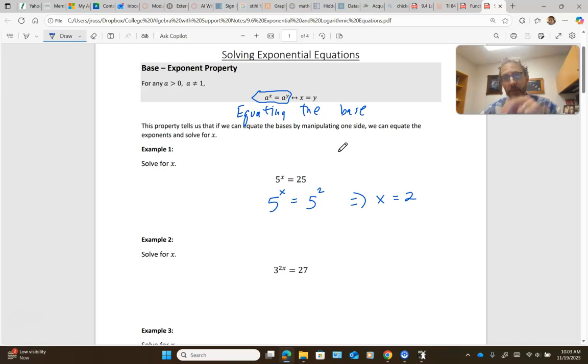If you can equate the bases, then do so. But other times, it basically is impossible to equate the bases. And so there's another method involving logarithms that we have to employ to solve the equation. Okay, but we'll look at that here in a minute. This first method is called equating the base.